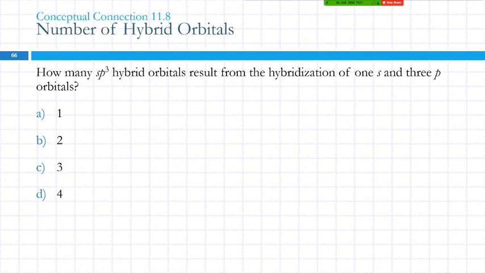What's 1 plus 3? 4. Thank you. 4. So we hybridize 1 s and 3 p, we get 4.